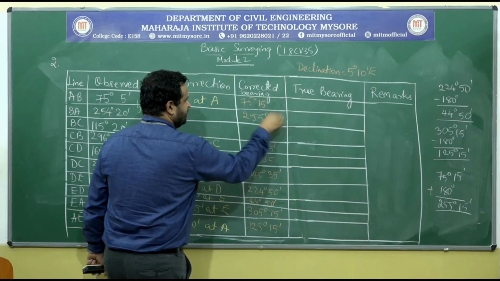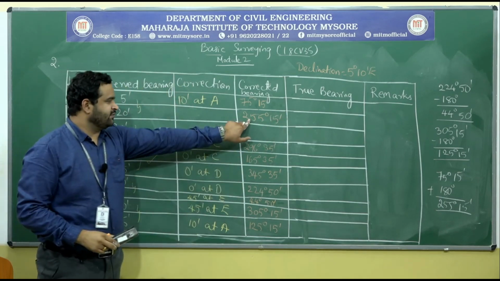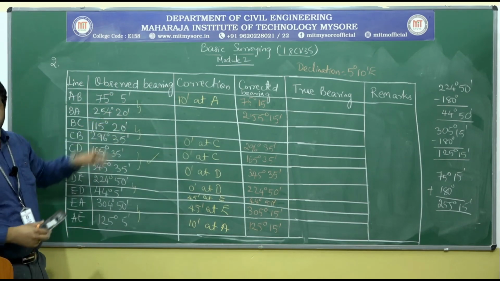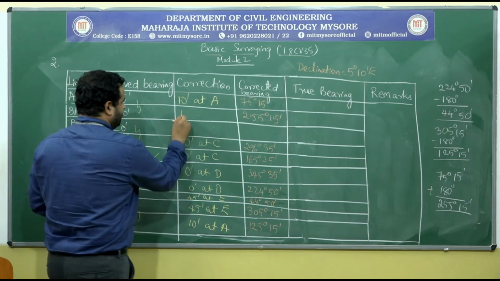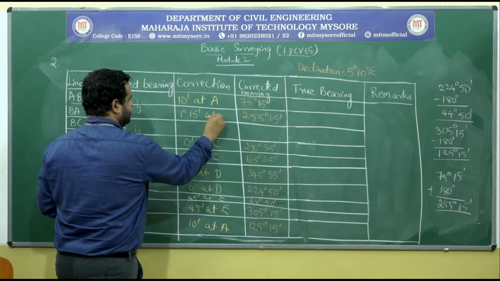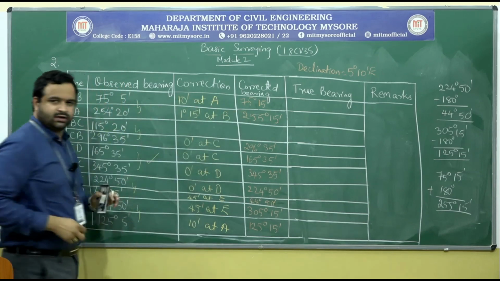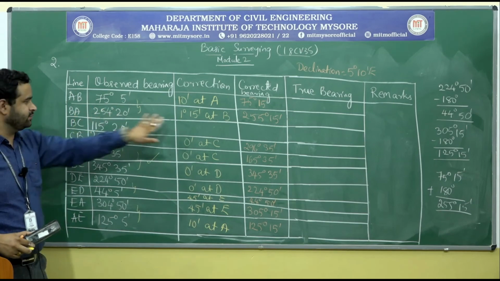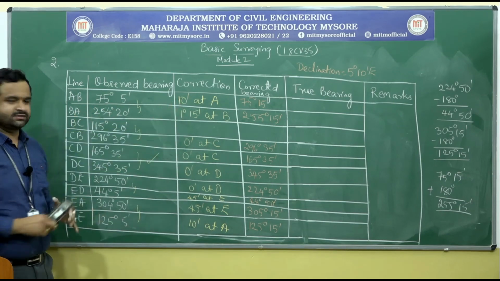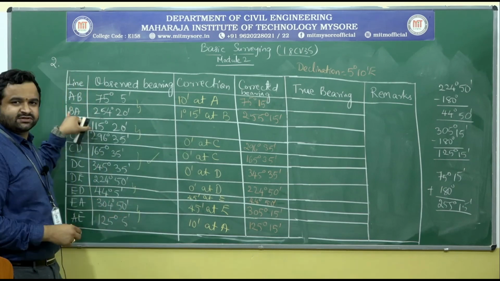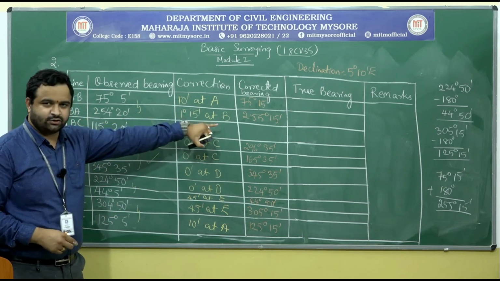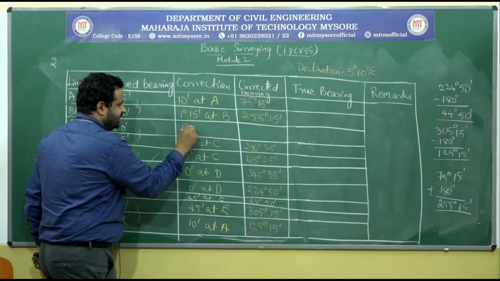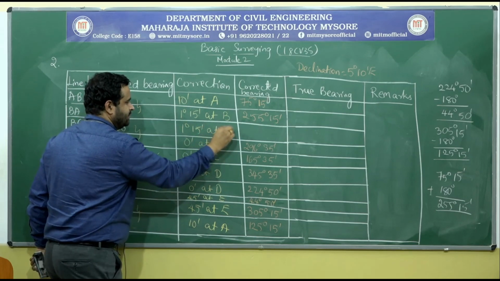Now 255 degrees 15 minutes minus 254 degrees 20 minutes will give you 1 degree 15 minutes difference, that is corrected bearing of the line BA minus observed bearing of the line BA, which is plus. So station B has 1 degree 15 minutes correction to be applied. The same correction should be applied here as well, that is 1 degree 15 minutes at B.